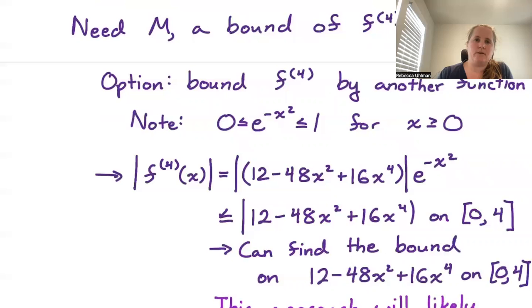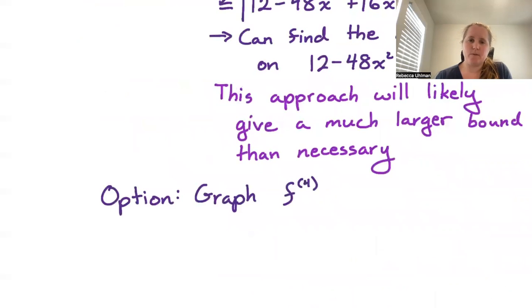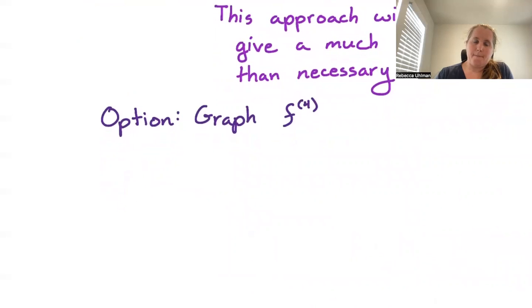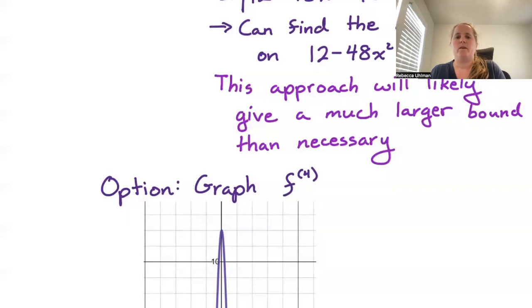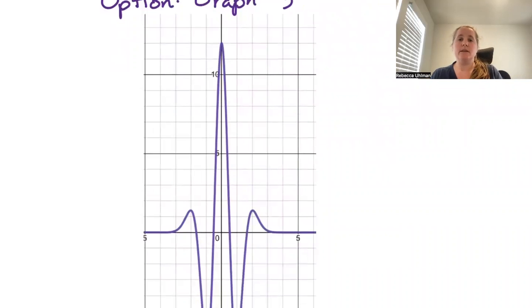Again, as mentioned, another option is to graph the fourth derivative of f that we found and find the bound that way. So I'm going to quickly do that graph and just put a picture in the notes. Okay, so here's our graph of the fourth derivative. As you can see, the highest value is at x equals 0.